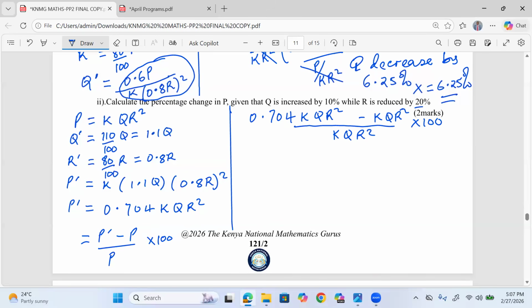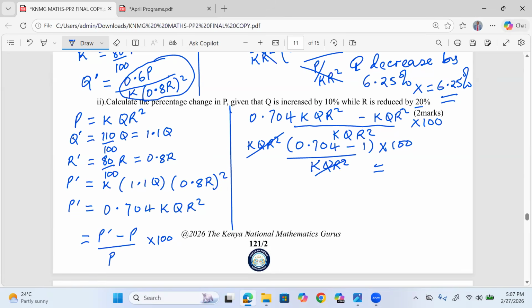So we factor out from the numerator K Q R squared. We remain with 0.704 minus 1 out of K Q R squared. So this cancels. Remember, there is times 100. And now when we subtract 1, we get a negative.